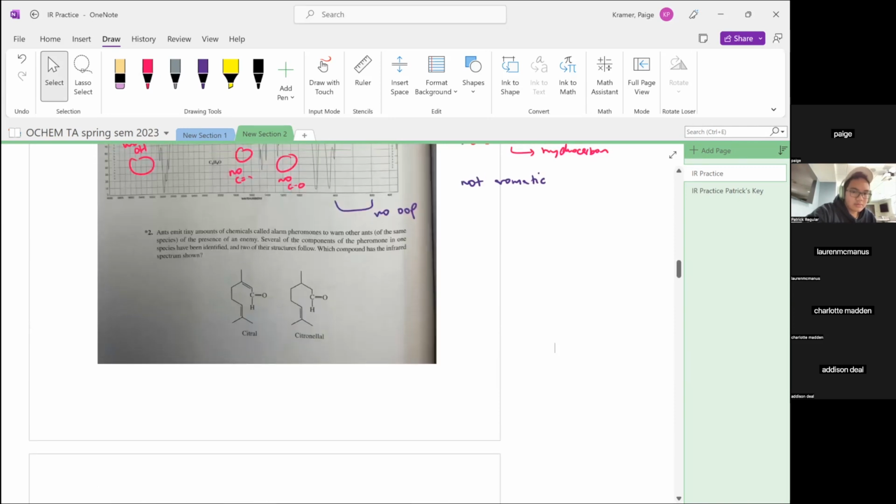Here we're given two structures, and the difference is that this has a conjugated system and this one's not conjugated. The thing that Patrick stressed in the beginning, which we want you to take away, and you'll see it a lot more as we keep doing more spec, is that conjugation shifts your C double O to the right.